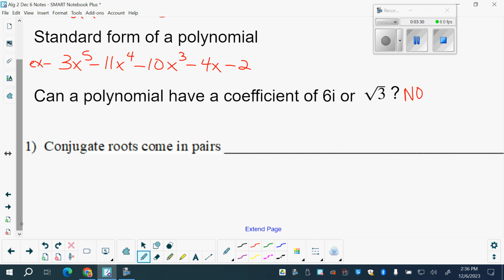Some of you may have seen a pattern already. If we have square root of 5 as 1 root, anybody have any idea what another root might be?